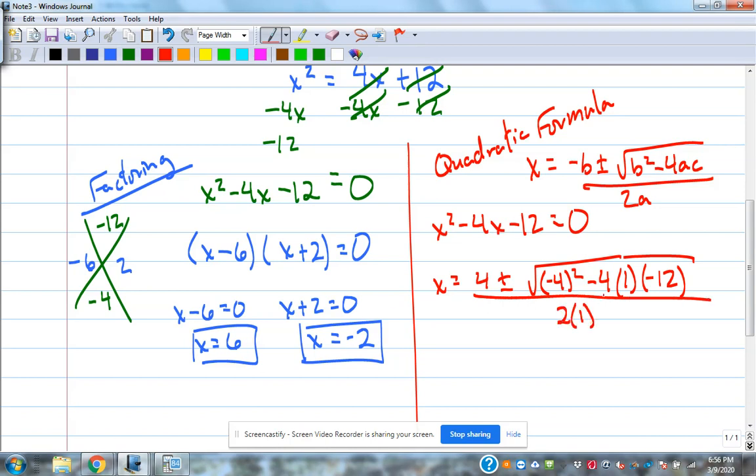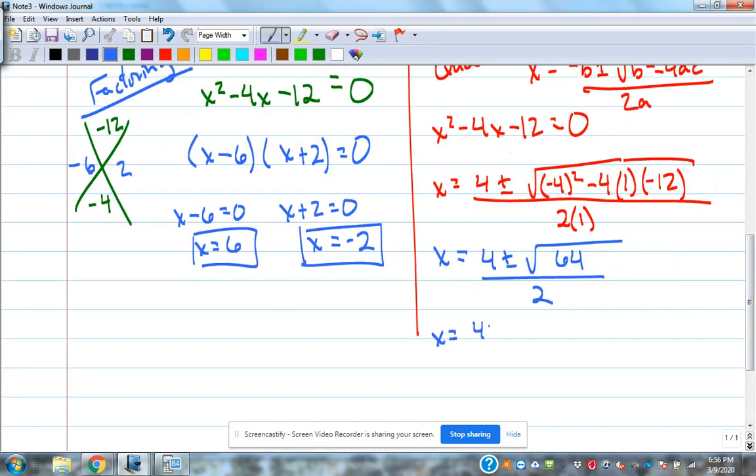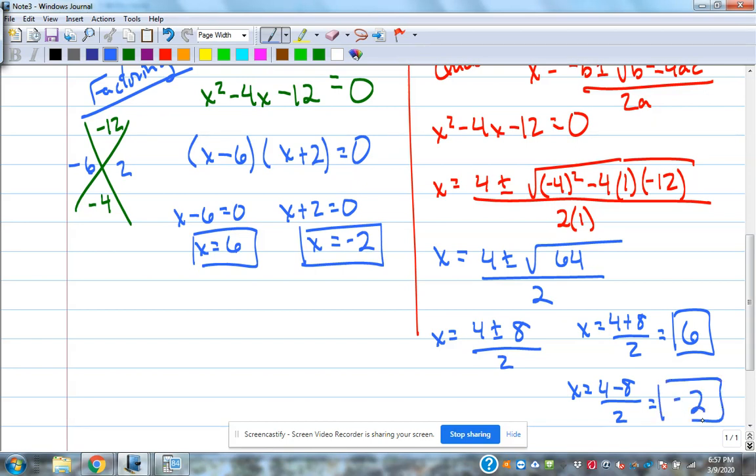All that divided by 2a. And simplify that. So that's going to be 4 plus or minus the square root of 16 plus 48 would be 64. And we know the square root of 64 is 8. And I'm going to set up 4 plus 8 divided by 2, 6. 4 minus 8 divided by 2 is negative 2.